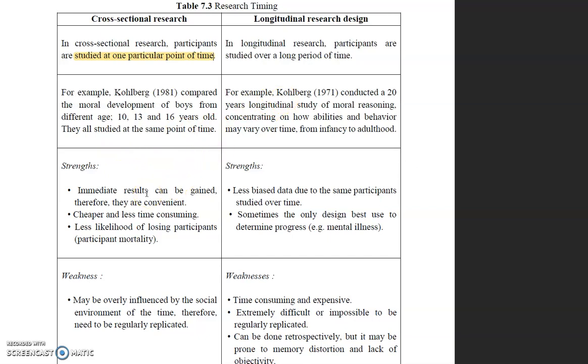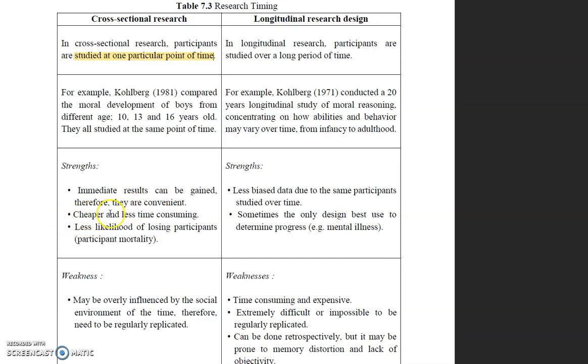The strength or the advantage of using a cross-sectional research is that the results can easily be obtained. Immediate results can be gained. We just conduct a research at one point in time and that's it. We'll get the data.